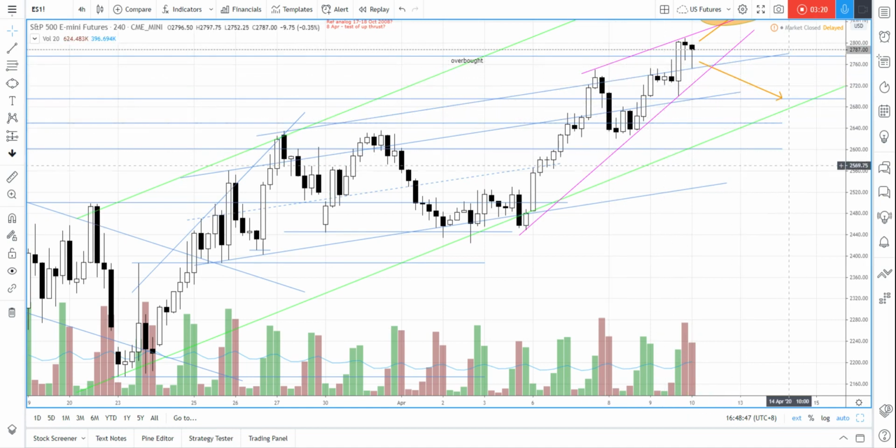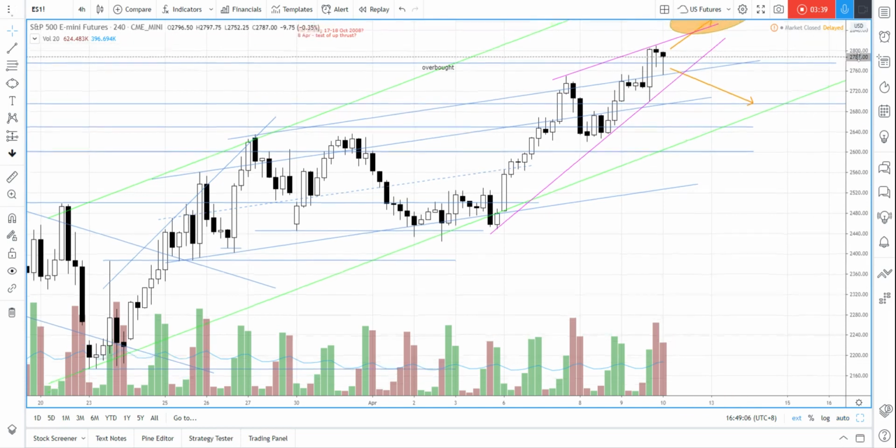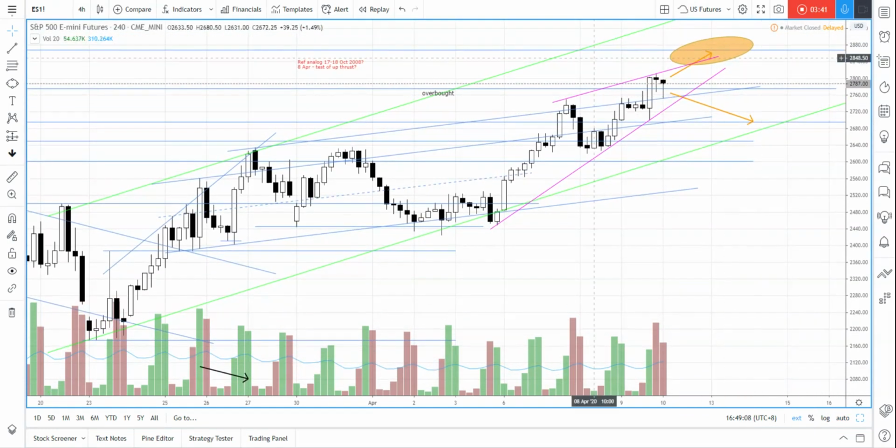I think on the H4 time frame, we still probably have some sort of absorption characteristics. So I actually expect the continuation of the rally to inch up a little bit, hopefully to test 2850. As we can see here, I just marked it as a point.